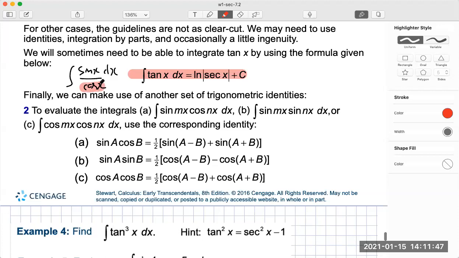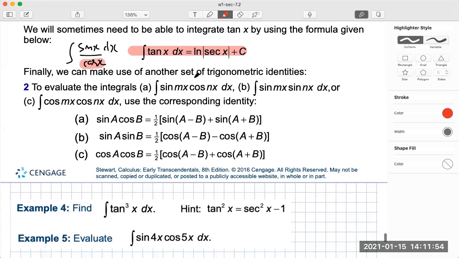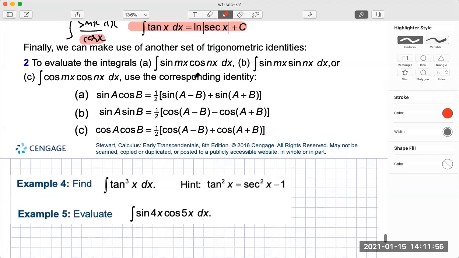We do substitution, we will get this result. Okay, very good. And sometimes, if you see sine mx times cosine nx, or this term, use this formula to write a product of sine and cosine as a sum of different angles. Okay? It's very useful.